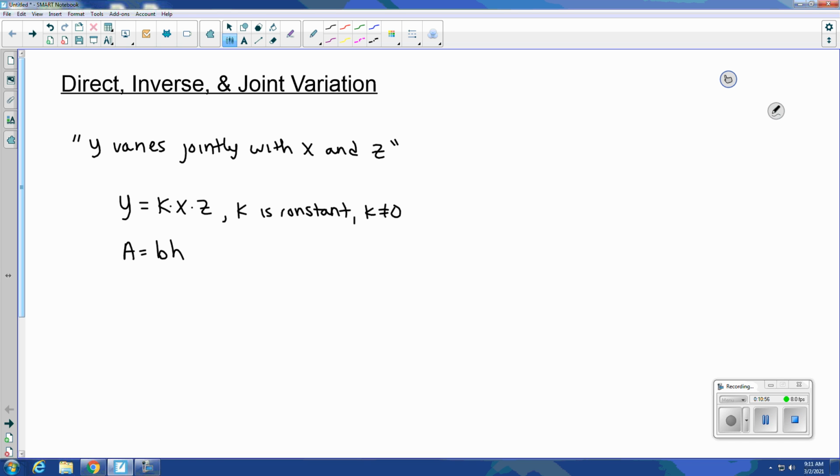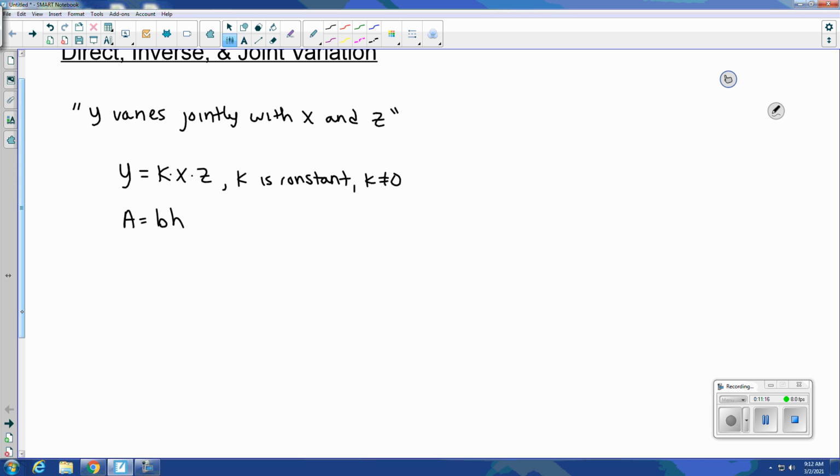Decrease the height, the area goes down. So there's still that direct relationship where if you increase one, the other increases, assuming that our constant is greater than 0. But in an area application, we're obviously going to have lengths that are positive. So there's an example of a joint variation where we have a relationship between three variables.